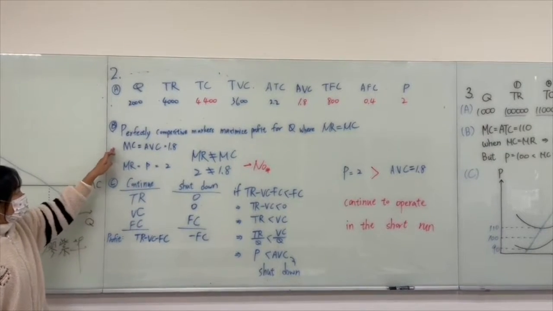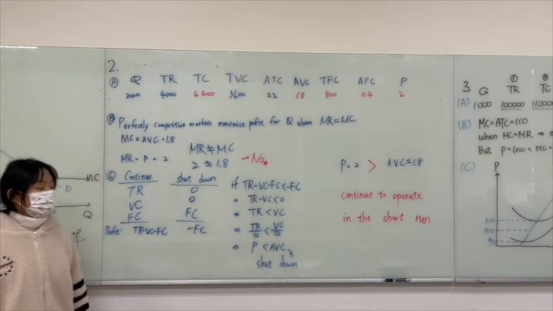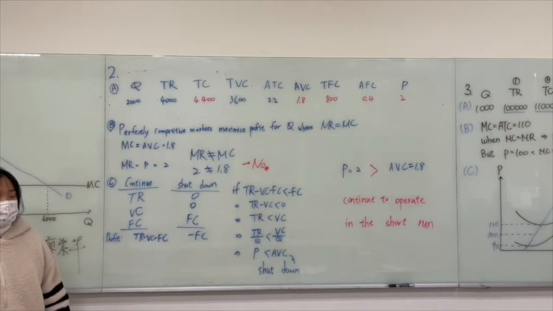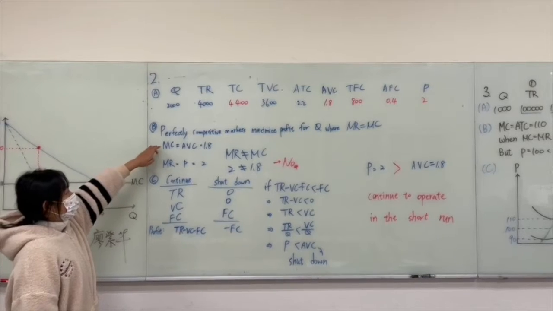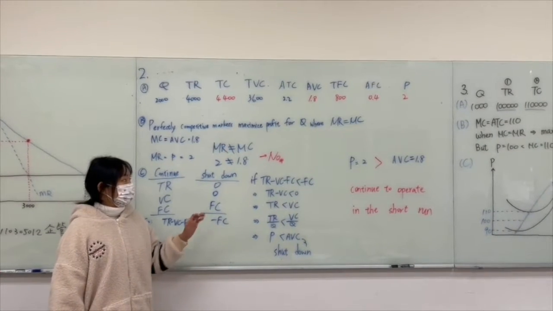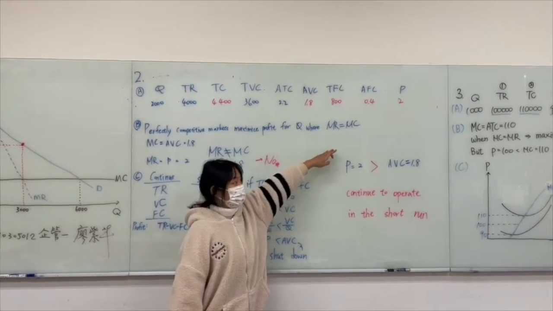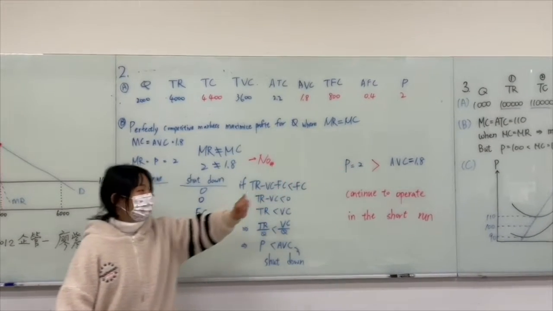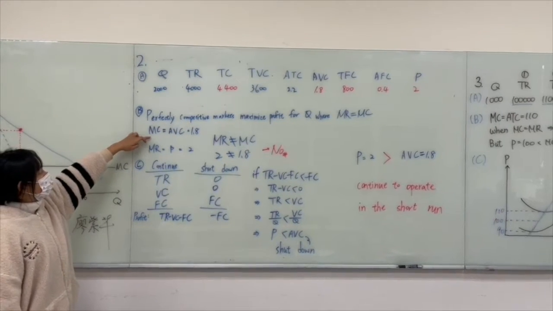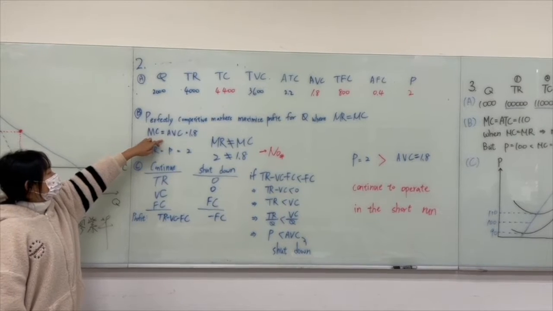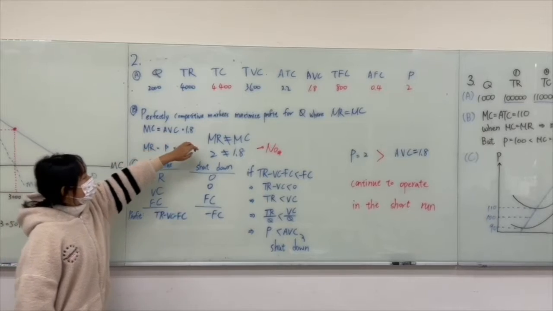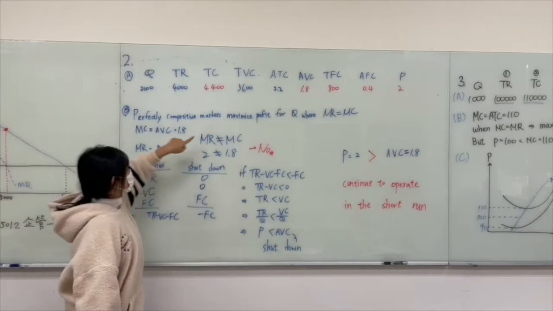Part B. Is the firm maximizing its profit? According to the definition, perfectly competitive firms maximize profit where marginal revenue equals marginal cost. According to the problem, marginal cost equals average variable cost, which is 1.8.